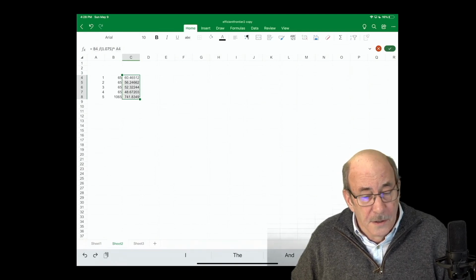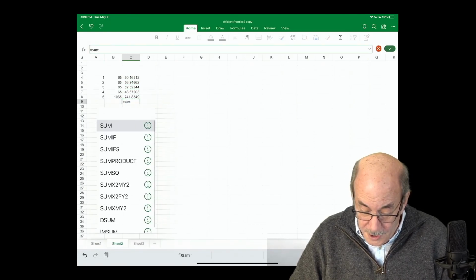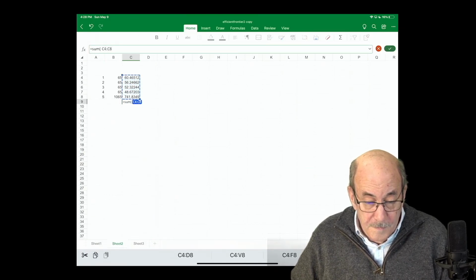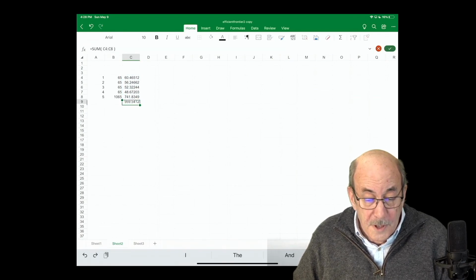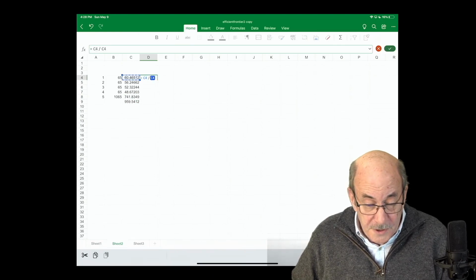And let's see here, I want to sum that up. There's my 959. So I want to get my percentage that is of the entire price.